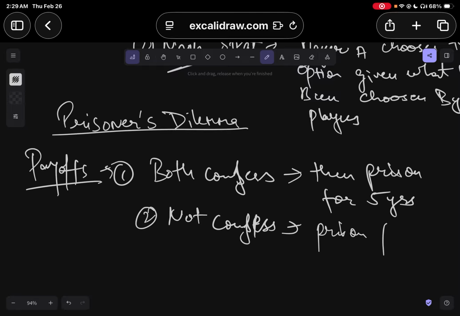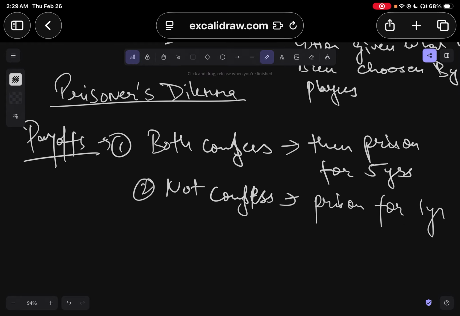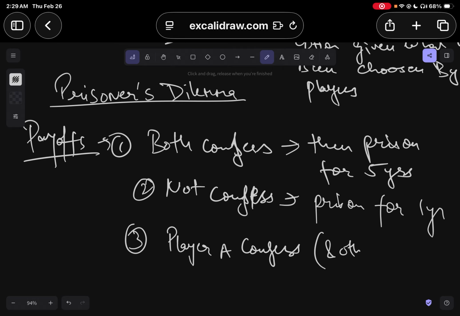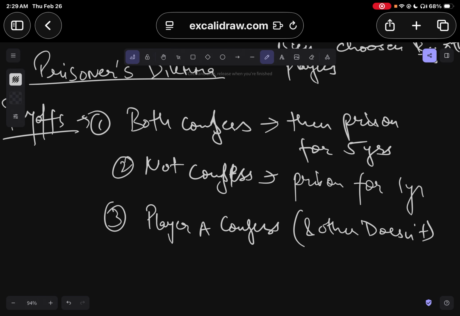Prison for 1 year. Now comes the tricky part where if one confesses, so let's say player A confesses and the other doesn't, then the one who confesses is immediately free while the other will get 10 years.